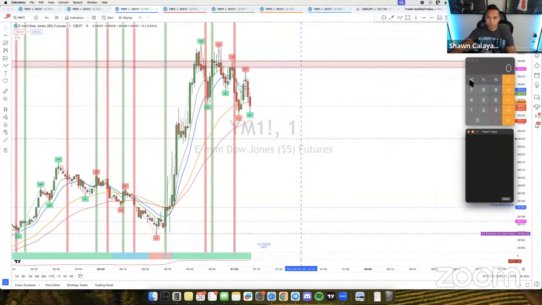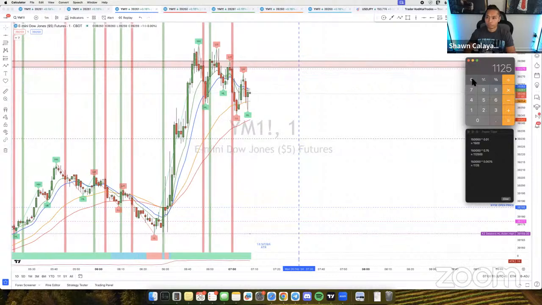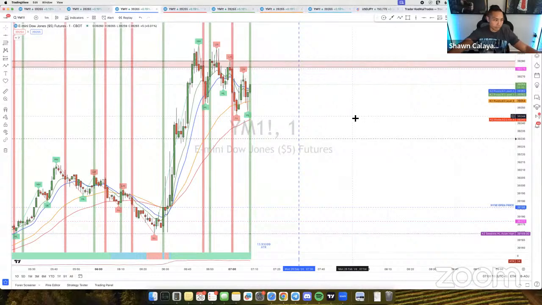So for a 150K account, per trade that I'm taking, I'm risking, let's see, what's 1%. So I'm basically risking less than 1%. I'm risking less than a percentage point per trade or per day when I'm trading the breakouts, guys, because my total risk for the day is 1250.